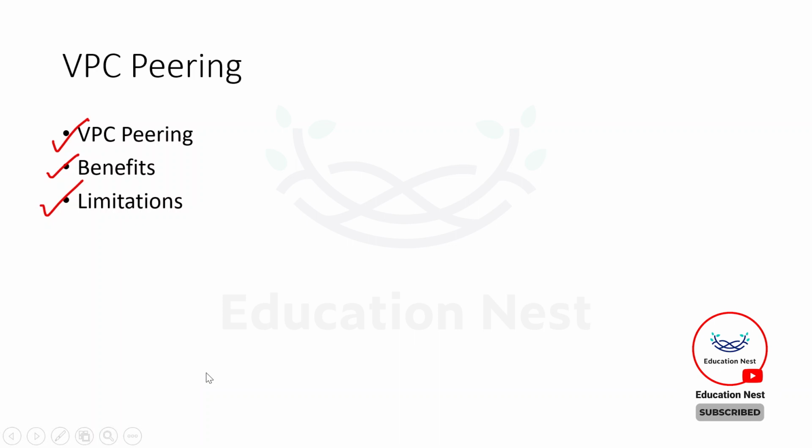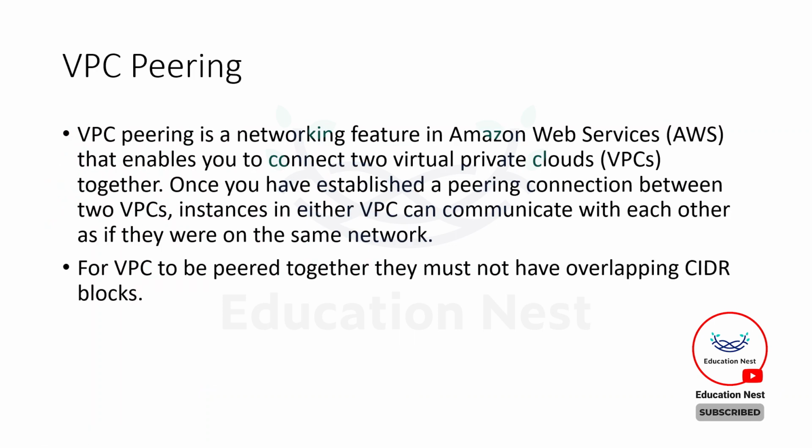So let's take a look at what VPC peering is. VPC peering is basically connecting two VPCs together privately, when I do not want to traverse my internet traffic. It allows you to connect two VPCs together.